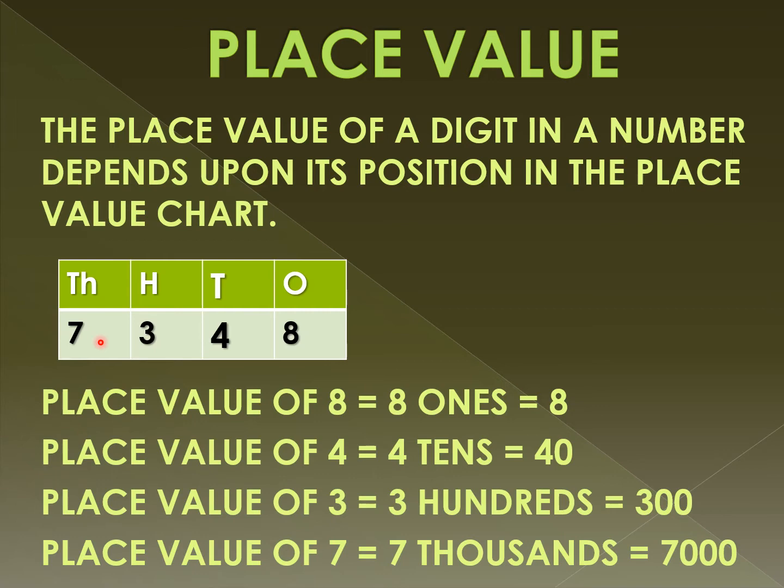The place value of 7, which is in the thousands place, is 7 thousands, which is equal to 7,000. Hence, we now understand that the place value of a digit will depend on its position, at which place it is in the place value chart.